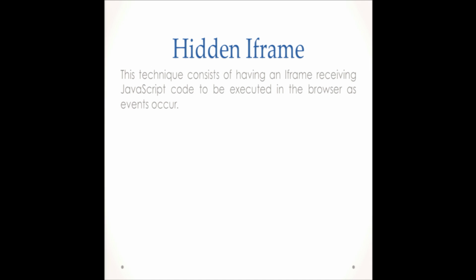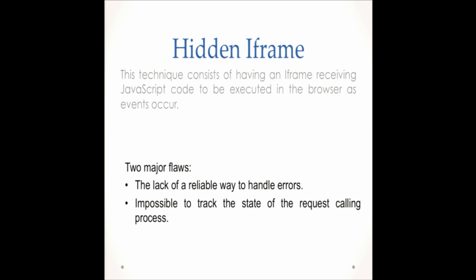This code might just update, like, the stock of a particular product, for example. Two major flaws with this approach are the lack of a reliable way to handle errors, since you won't know when an error occurs, and that it's impossible to track the state of the request.